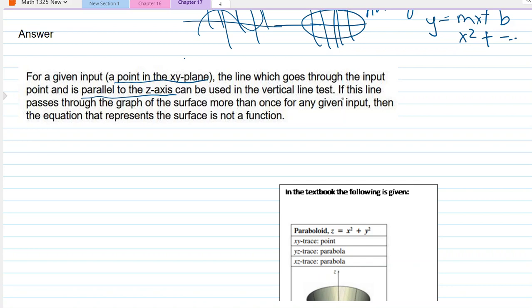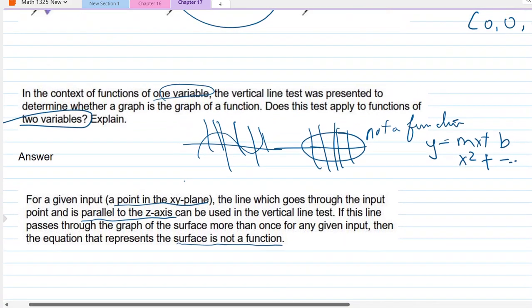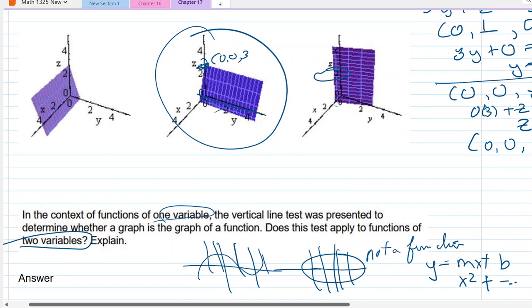If this line passes through the graph of the surface more than once, for any input, then the equation that represents the surface is not a function. So yes, we can use it if it's parallel to the z-axis.